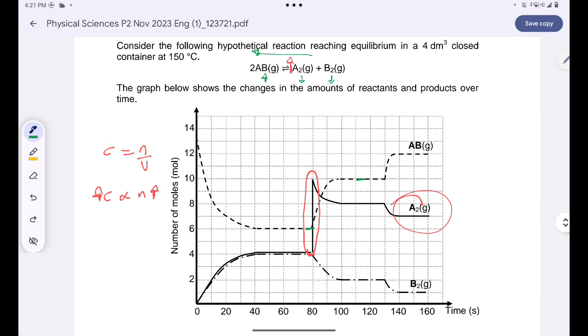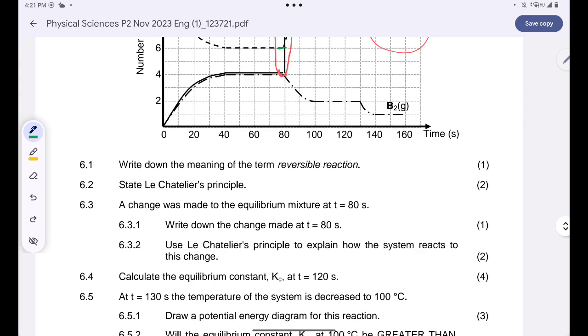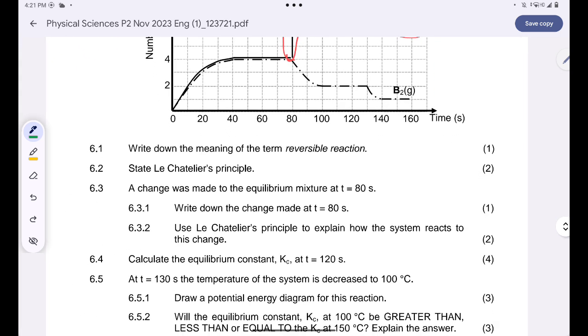And whenever the reverse reaction is favored, both the quantity of A2 and B2 will decrease, and the one of AB will increase. So that's how the change was going to be cancelled, or opposed.